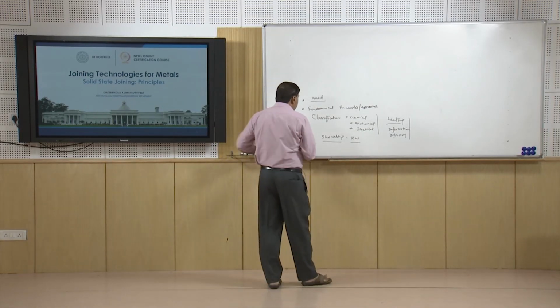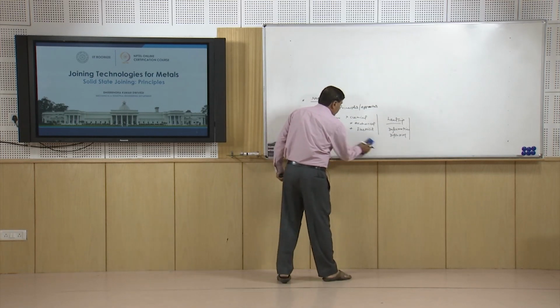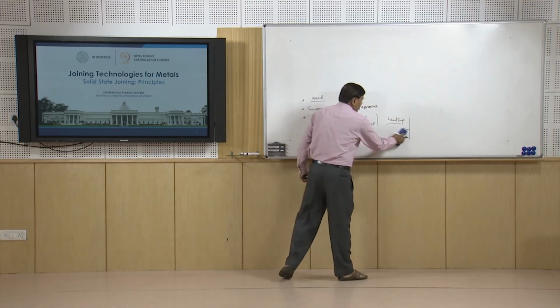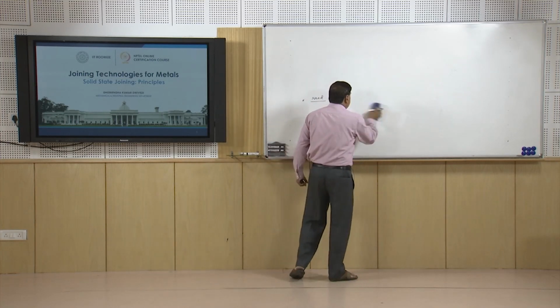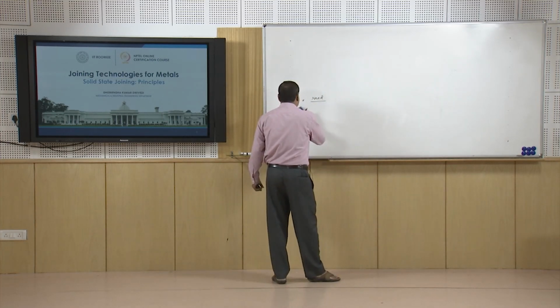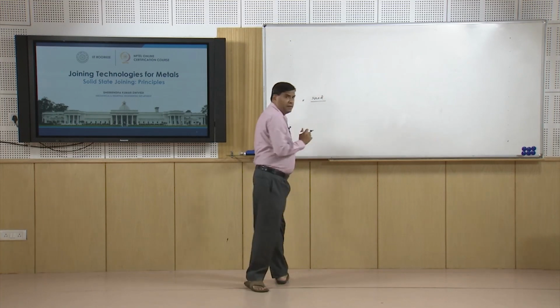So, one by one we will be going through the different aspects related with the solid state joining as mentioned here. So, we will start with the need of the solid state joining processes.